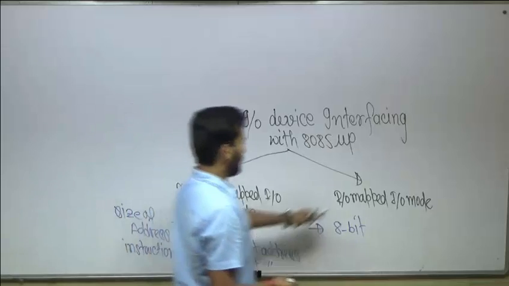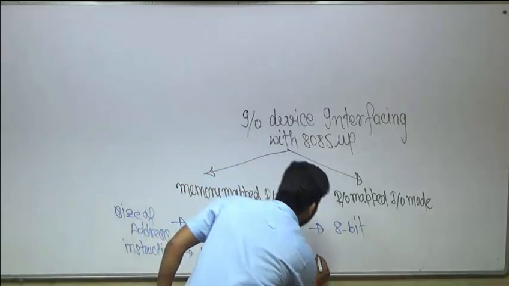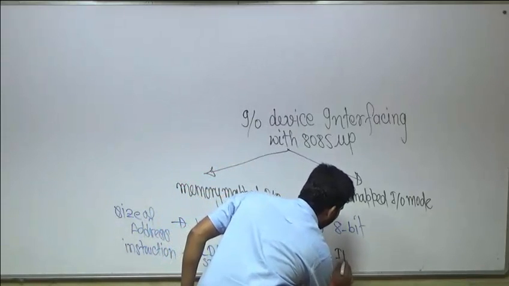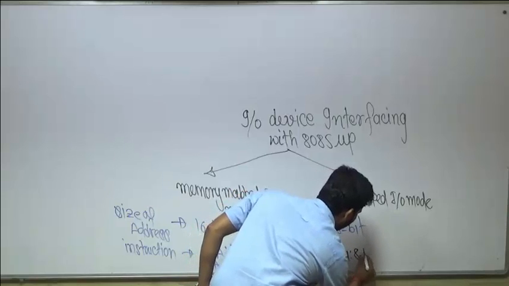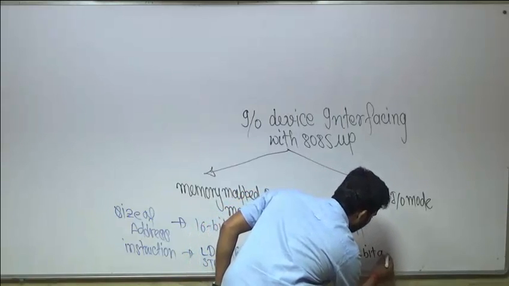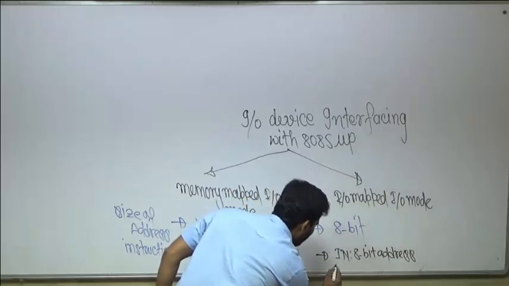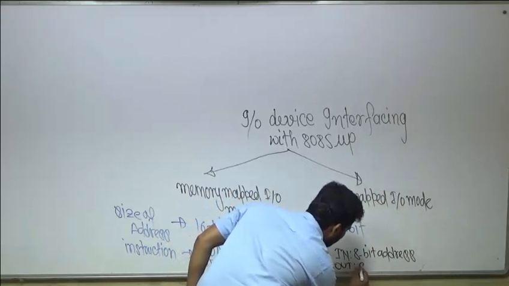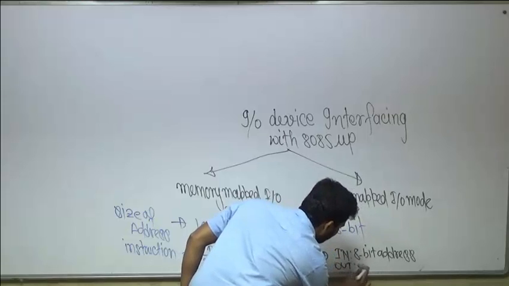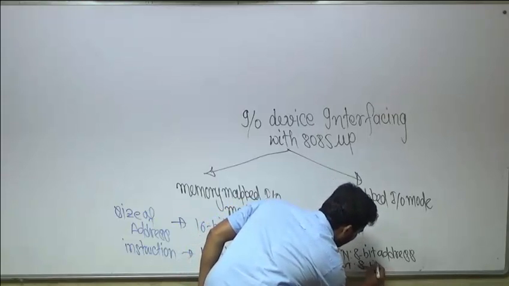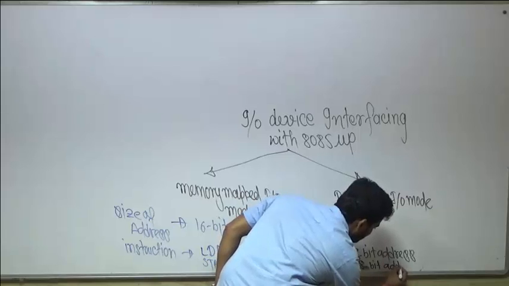In IO mapped IO mode, we use the instructions IN and OUT. Since the address size here is 8-bit, it would be IN 8-bit address and OUT 8-bit address.